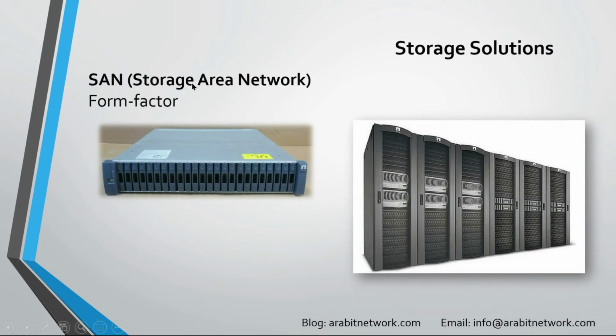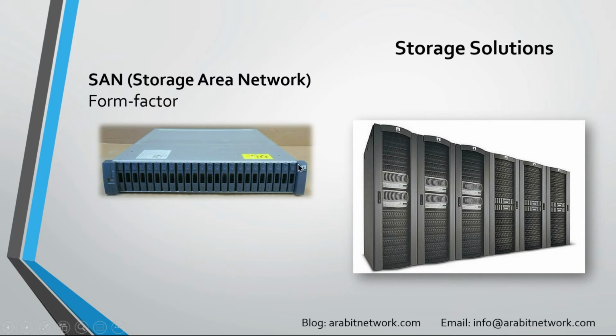When it comes to the form factor, the SAN storage systems come in different form factors. The smallest, like this, with a 2U height, may have about 24, or in some products up to 25 disks.